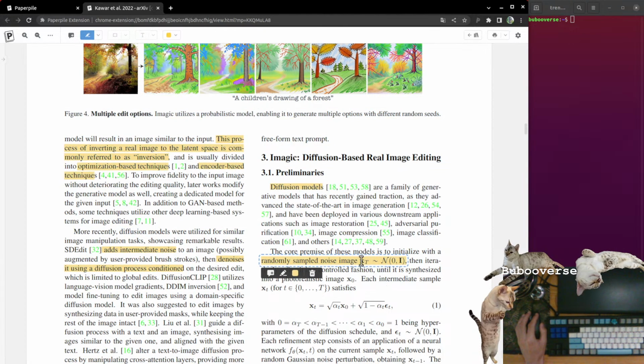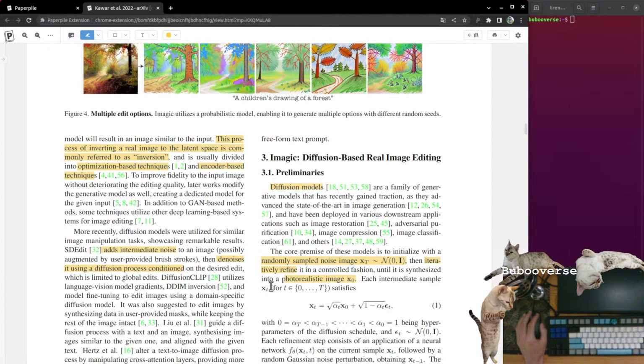This is x of t, the image, and this is sampled from a normal distribution centered around 0, with I meaning the identity matrix, right? So however many dimensions this has, the variance is going to be the identity matrix. Iteratively refine it in a controlled fashion until it is a synthesized photorealistic image x naught.